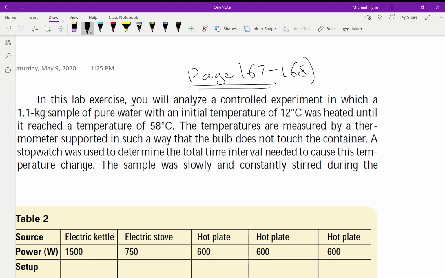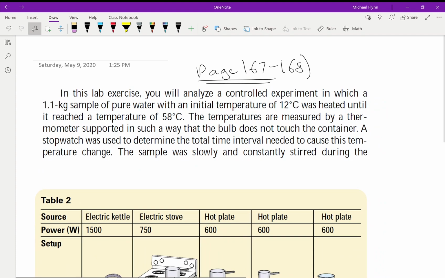All right, so take a look. It says in this exercise, you'll analyze a controlled experiment in which, and I'm going to highlight the important details, a 1.1 kilogram sample of pure water with an initial temperature of 12 degrees Celsius was heated until it reached a temperature of 58 degrees Celsius.